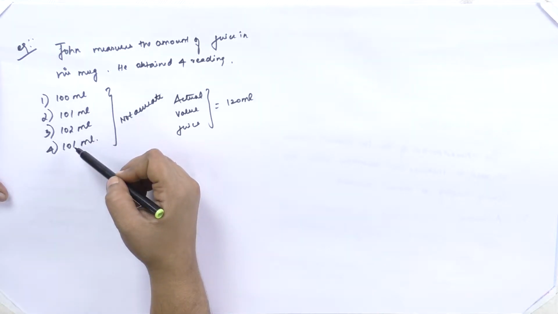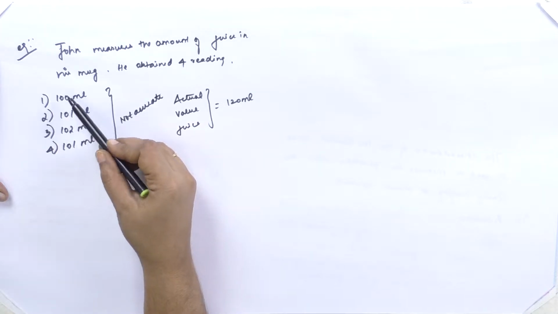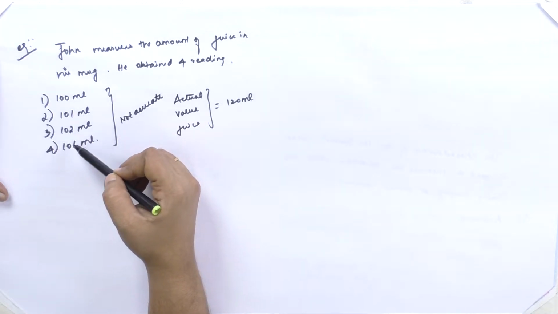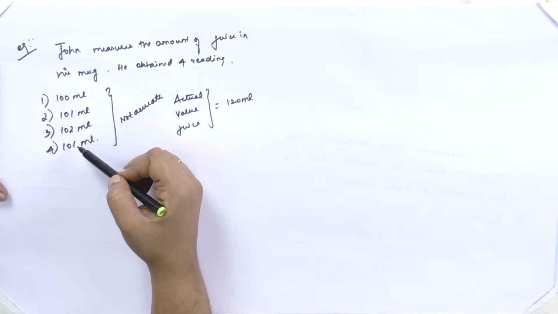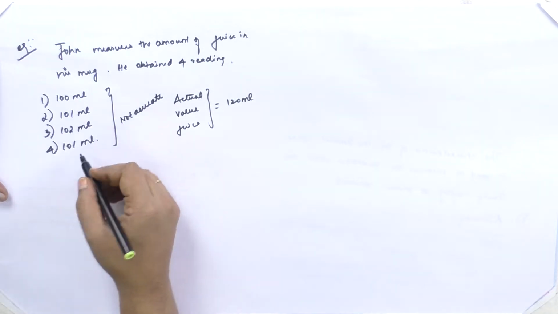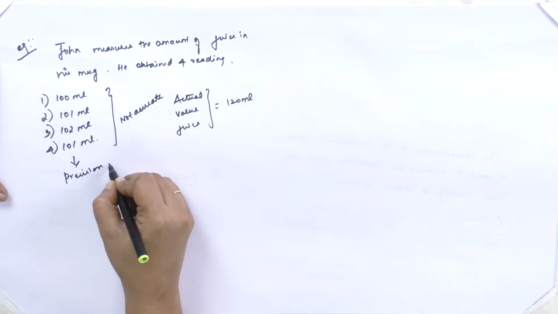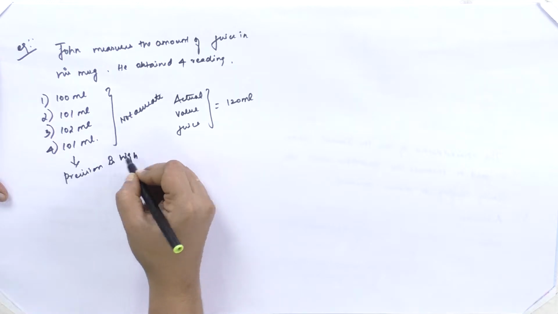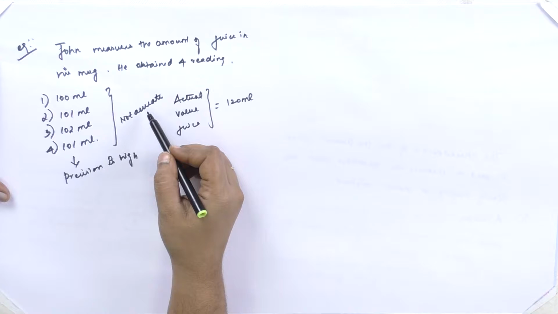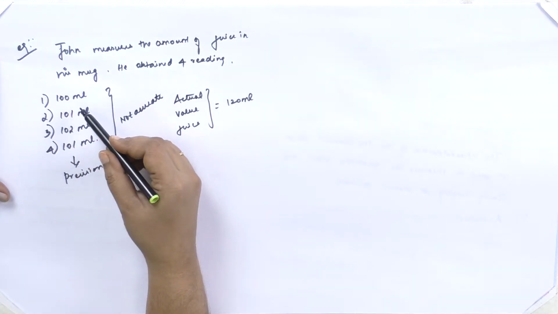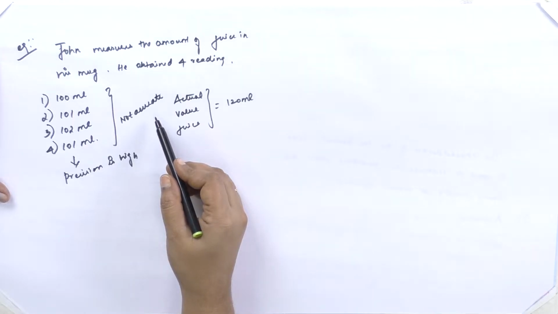So, the readings are closer to each other. The difference between 100 and 101 is 1, 101 and 102 is 1, and 102 and 101 is 1. So, we can say that the readings are very near to each other. So, the precision is high, but none of the values is nearer to the actual value. So, these readings are not accurate, but the readings are very near to each other. So, we can say that the precision is high and the accuracy is poor.